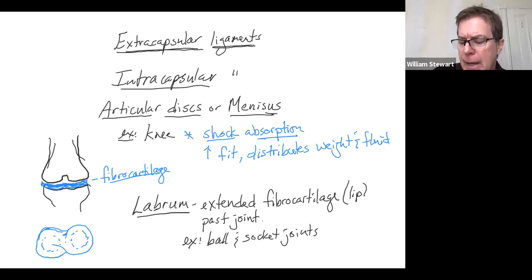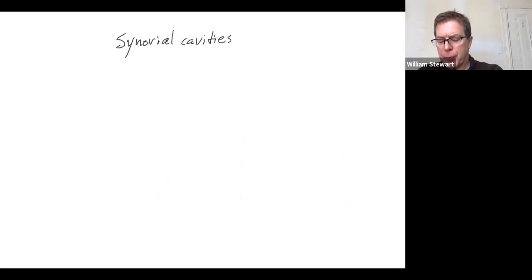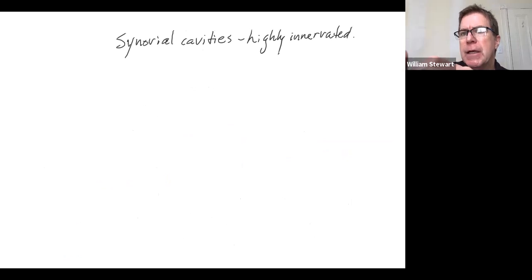Last bit about some basics about synovial joints. Synovial cavities are highly innervated. That means there are lots of nerve endings. There are basically no direct vessels in the cavity.